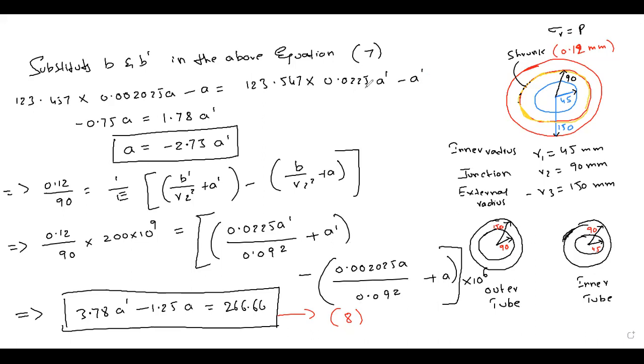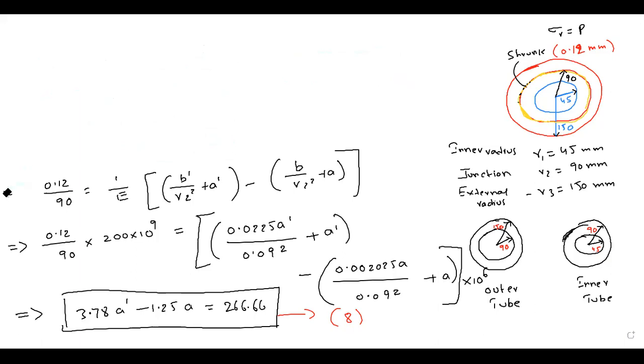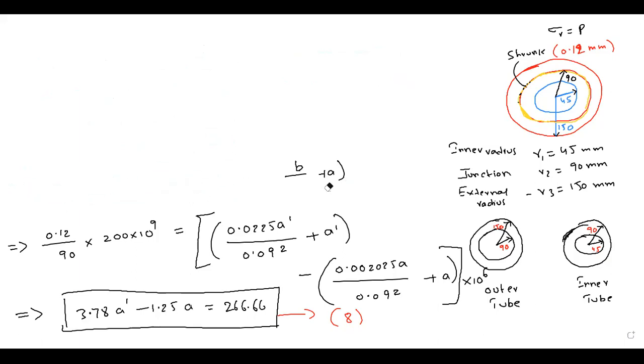Tell me both values. Use your calculators and tell me what the a dash and b dash constant values are. Fast, only 10 minutes left.